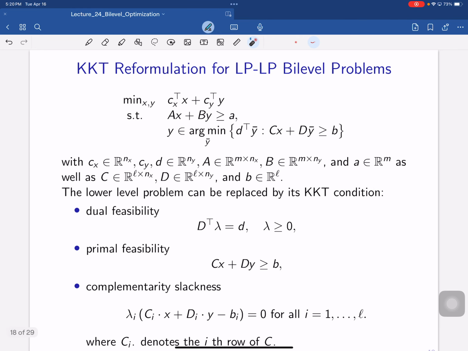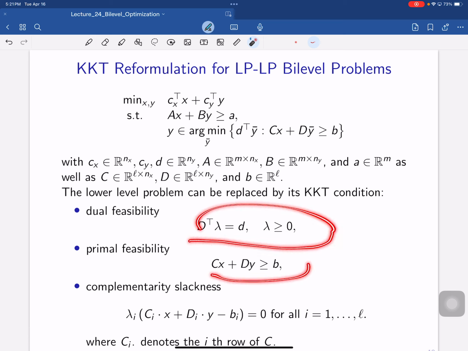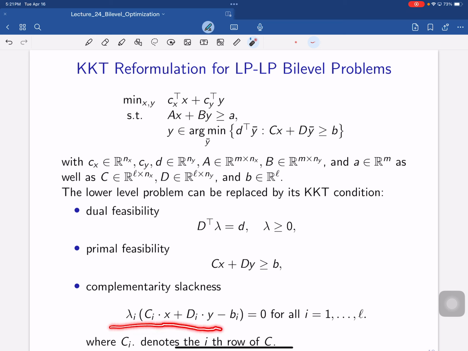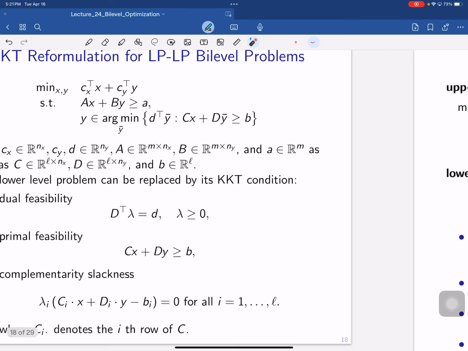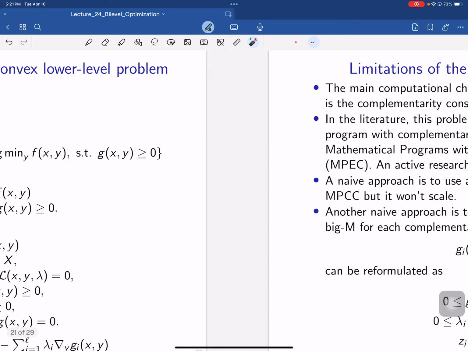If you look at the linear programming problem, the primal and dual feasibility are linear, right? The linear constraints are easy, but here we have lambda times x and y, right? So lambda is the dual variable, x and y are primal variables. Then you have a bilinear term which is non-convex, right? So that's a difficulty of the KKT reformulation.